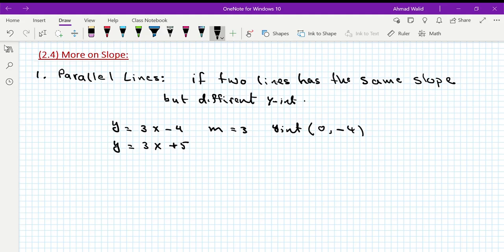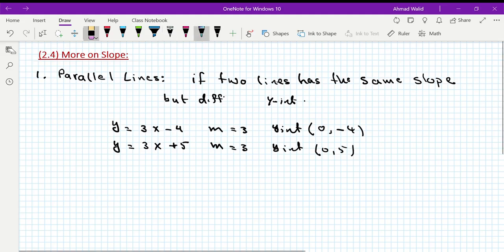For the second line, the slope is 3. Y-intercept is 0, 5. Correct? If two lines have the same slope but different y-intercept, we call them parallel lines. Correct?